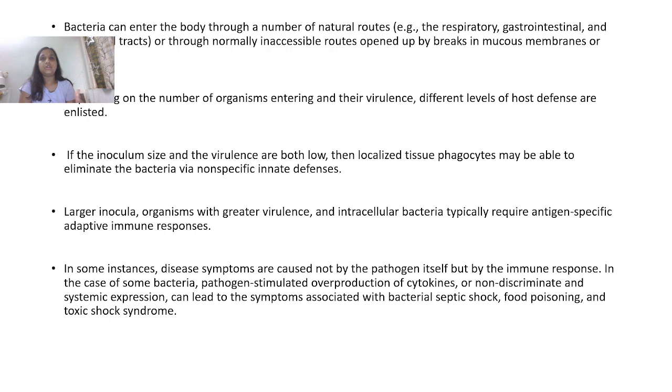Any kind of wound or any break in our mucous membrane or even in the skin, it is more likely to get infected, because pathogens can enter easily, and skin is one of the most important barriers against pathogens. But if there is a break in the skin or any membrane, these pathogens can easily enter.